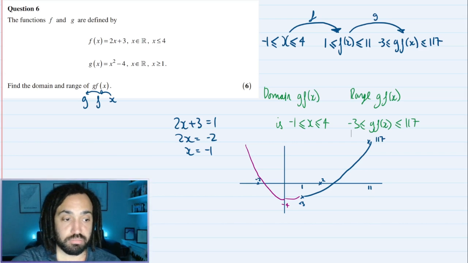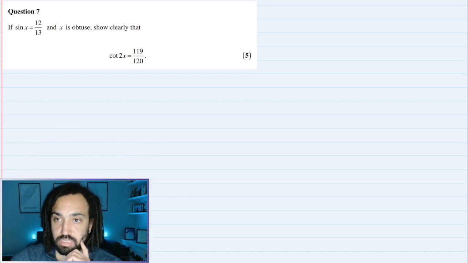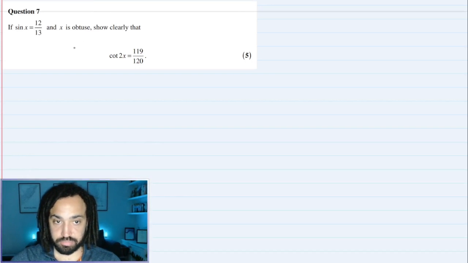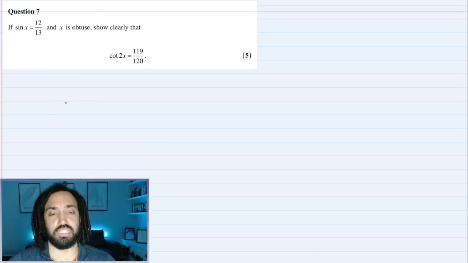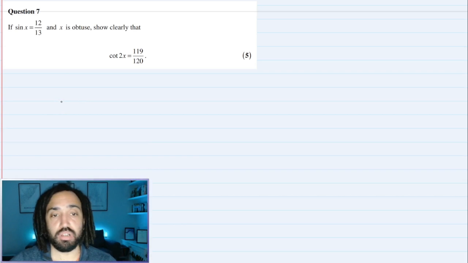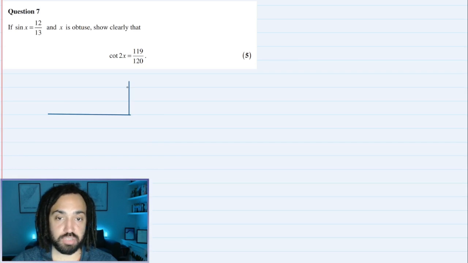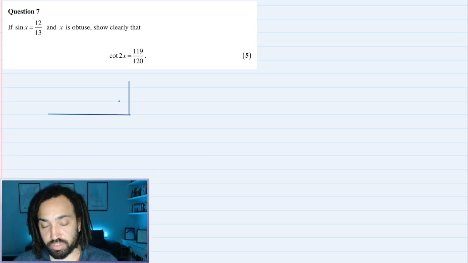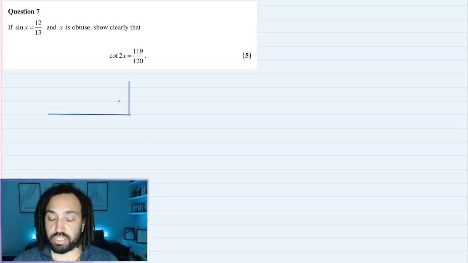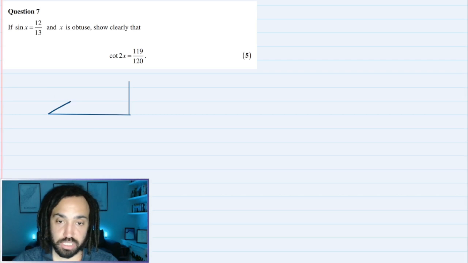Okay, job done. Question 7, and we have a beautiful looking question. I love questions like this, so simple. I've been completely converted into doing questions like this where we need to convert between different trig functions by using just a simple right angle triangle.